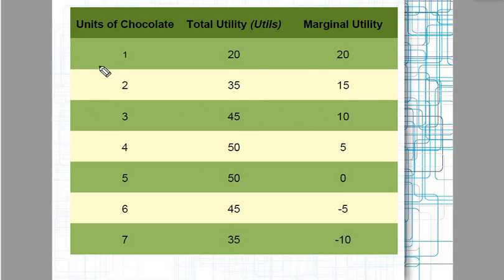The cardinal idea of utility was first proposed by Hermann Heinrich Gossen. I have a slide pertaining to it, but it doesn't matter.